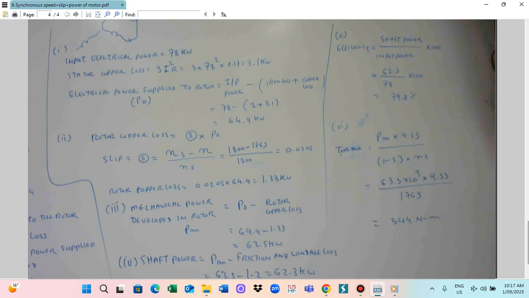So the PM we already calculated is 63.5 into 10 power 3. We convert it to watts, so 1 kilowatt is 10 power 3 watts. So we multiply with 10 power 3 and multiply with 9.55, divided by the rotor speed 1763 RPM. So that will be 344 Newton meter. So this is the answer for this problem.